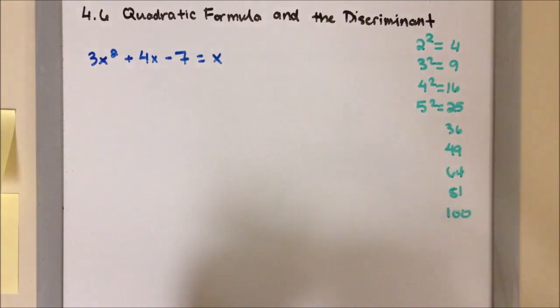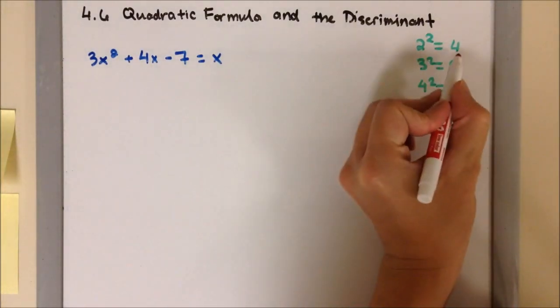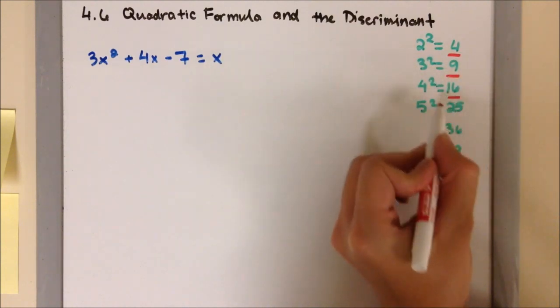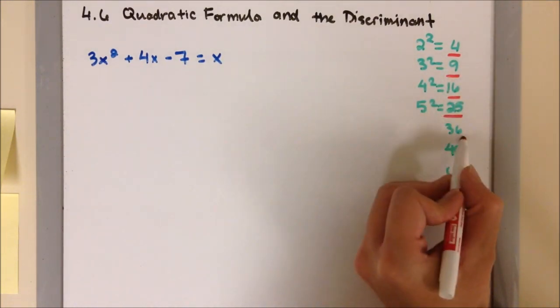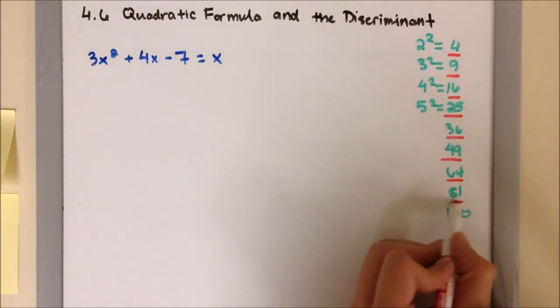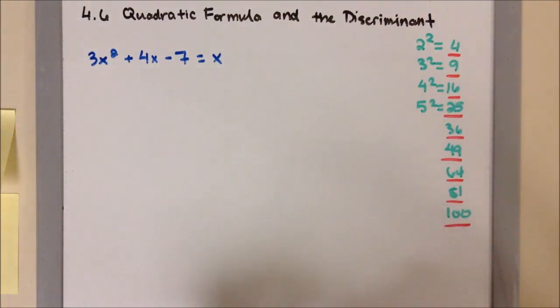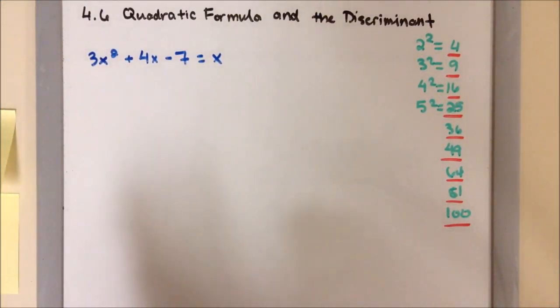Mainly we're going to be working with those numbers: the 4, the 9, the 16, the 25, 36, 49, 64, 81, and 100. Those are from the previous section, so that should have been in your notes already.